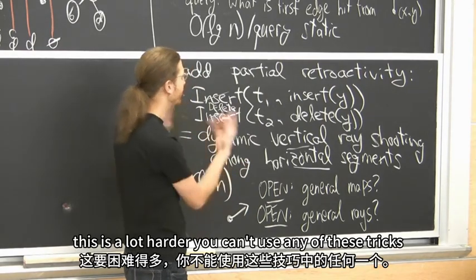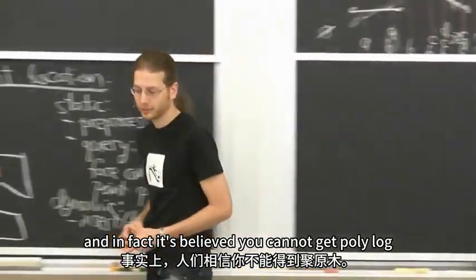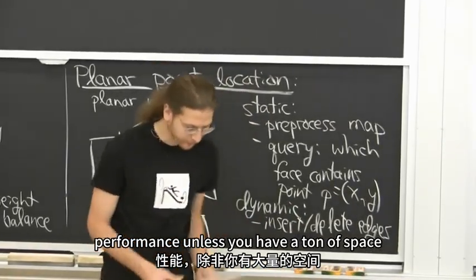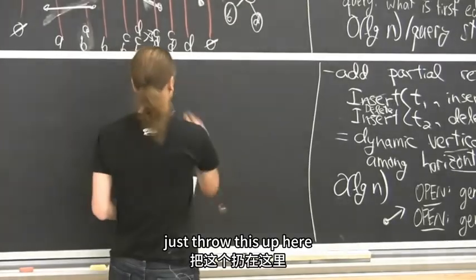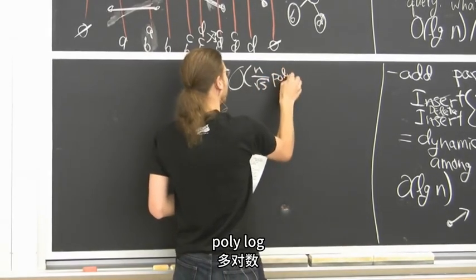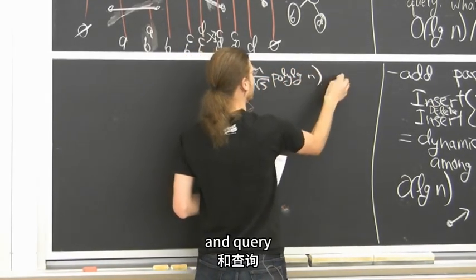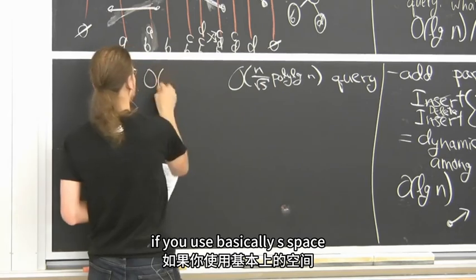This is a lot harder. You can't use any of these tricks. And in fact, it's believed that you cannot get polylog performance unless you have a ton of space. So the best known result is, just throw this up here, you can get n over square root s polylog query if you use basically s space.